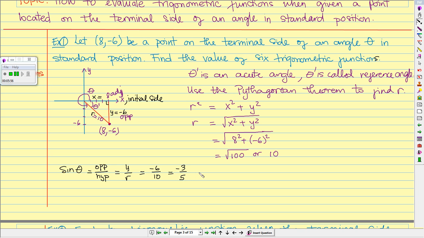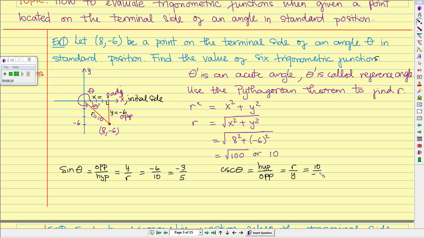Now, since we know sine, we can go ahead and find the reciprocal, which is cosecant. Cosecant of the angle theta is hypotenuse over opposite, and hypotenuse is r, opposite is y.